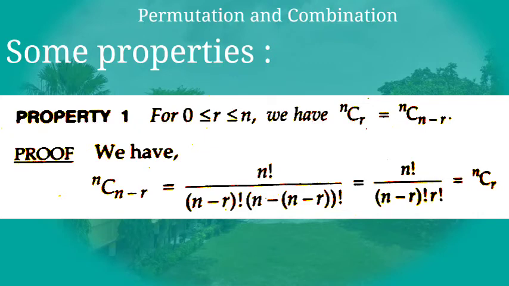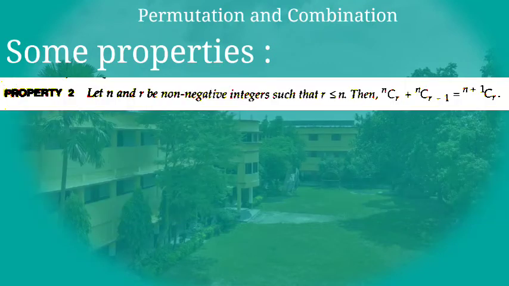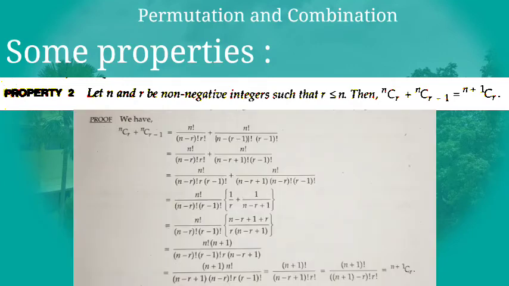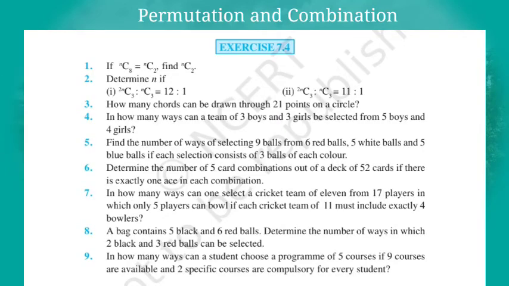The next is nCr plus nC(r minus 1) is equal to (n plus 1)Cr. Here also the proof is simple, and you can understand it if you go through the proof part. Now do the sums on combinations and let me know if there is any problem.